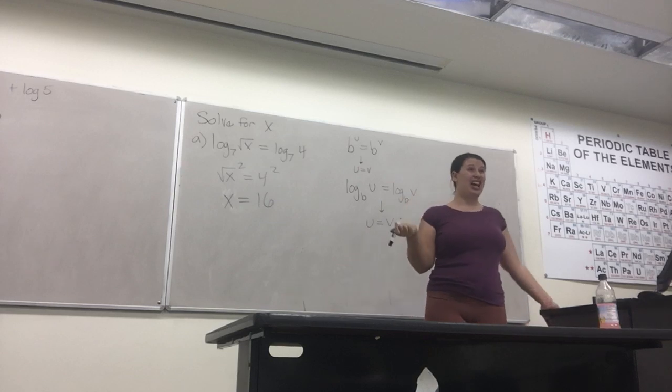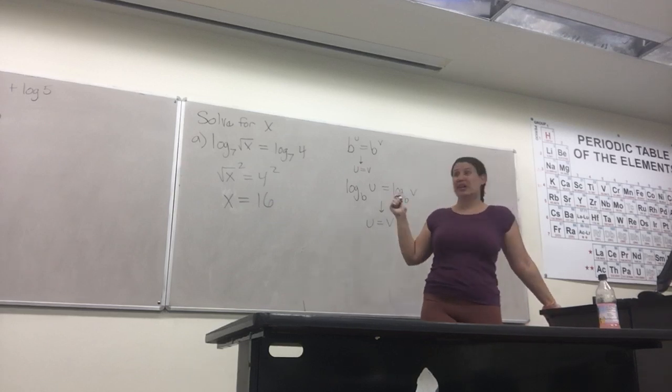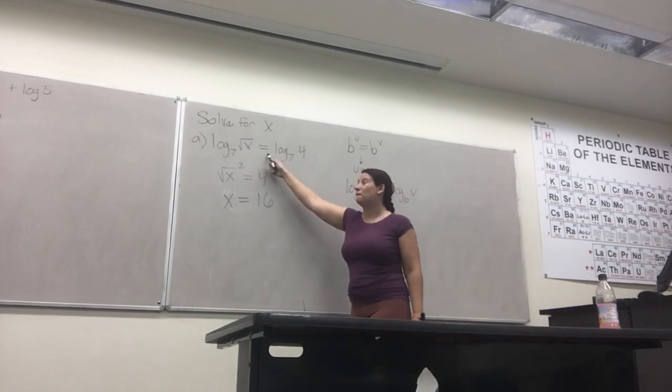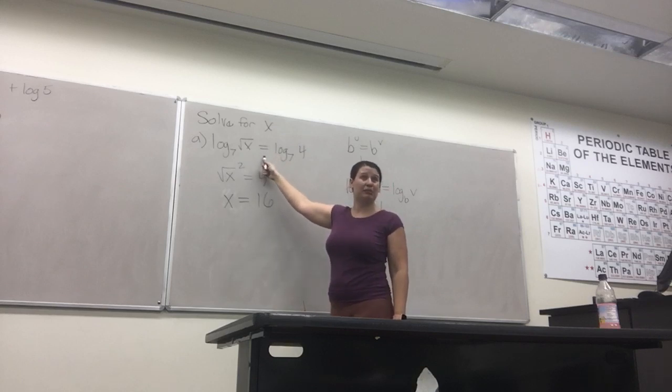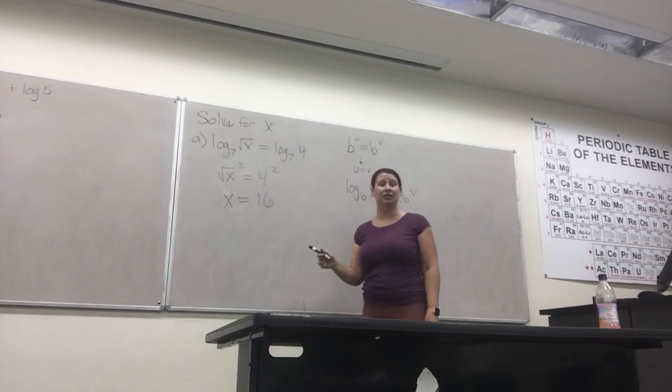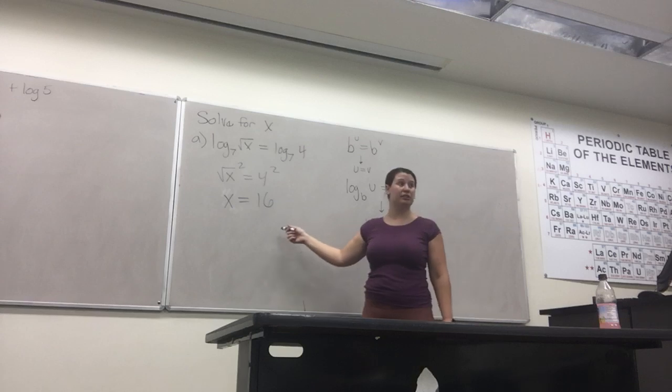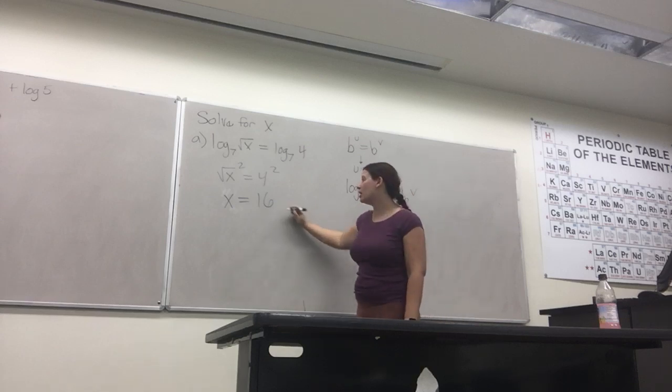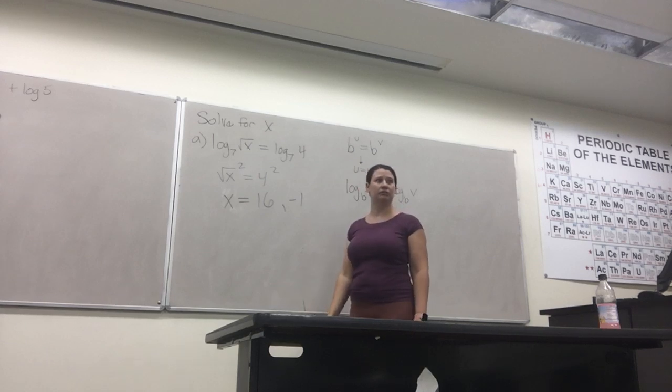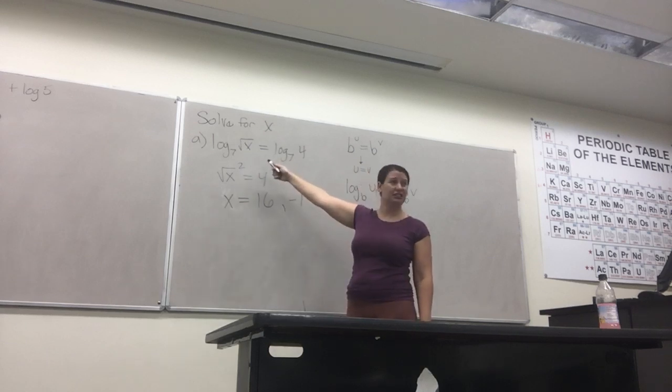Now, I would suggest always going back and checking that it works in the very original problem. Because if you get multiple answers here, let's just pretend we got a -1 as an answer. Can we plug that in?